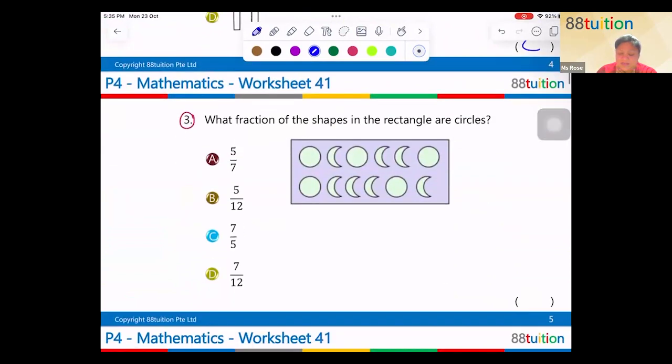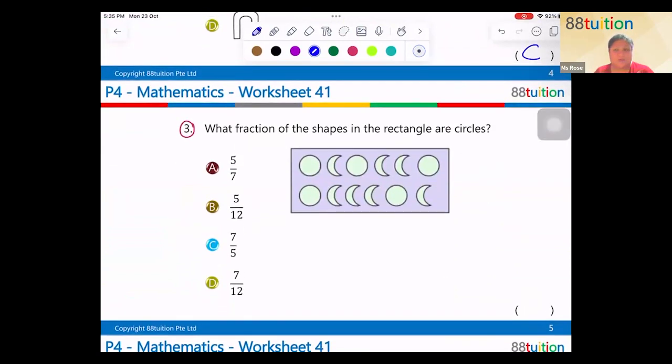Number 3: those of you who did the questions actually got it right. It says, what fraction of the shapes in the rectangle are circles? The denominator refers to the total shapes and the numerator refers to the circles.